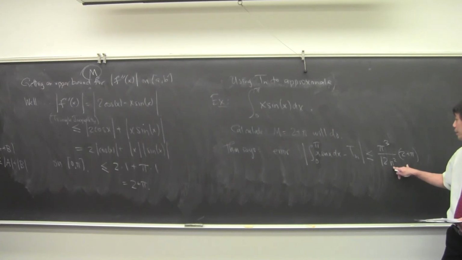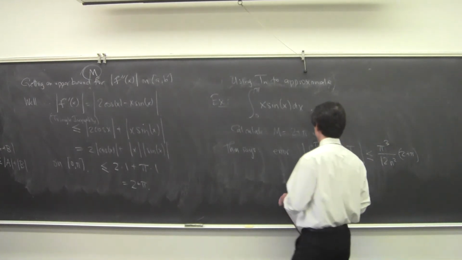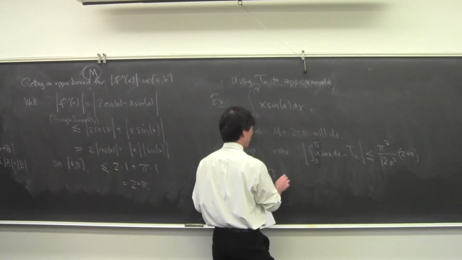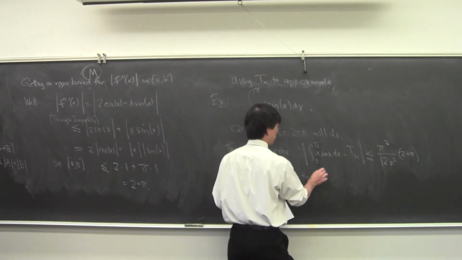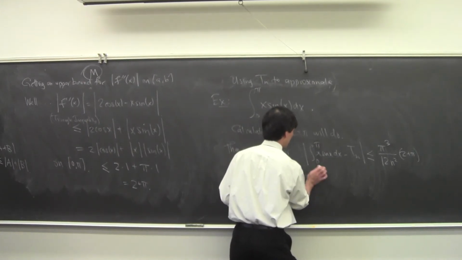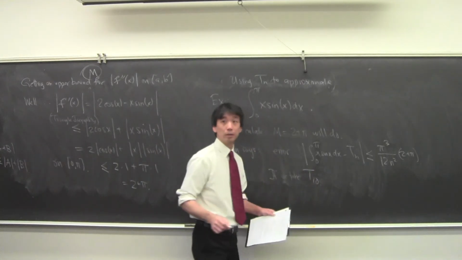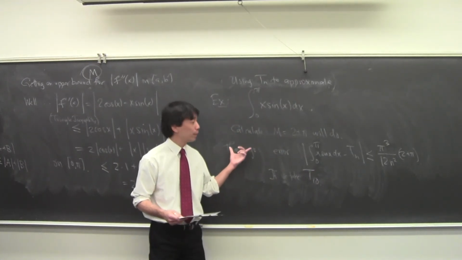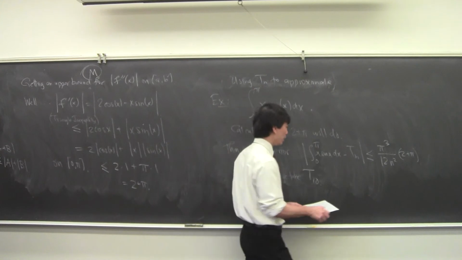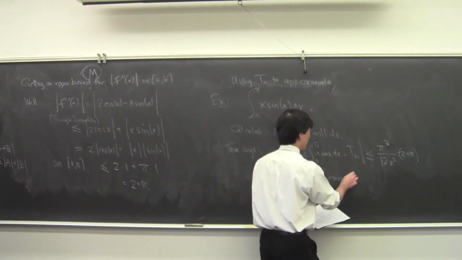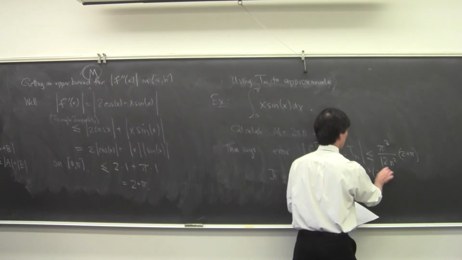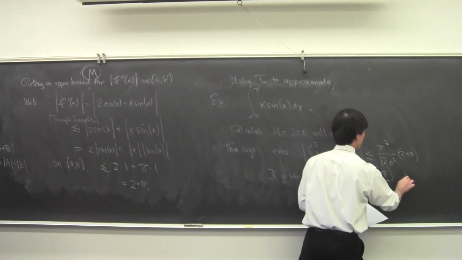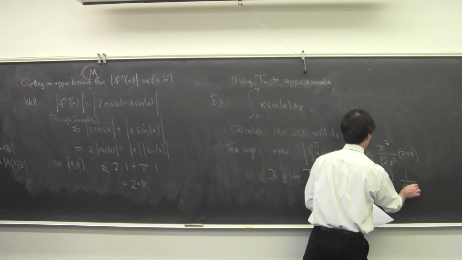If we take t sub 10, the 10th trapezoidal approximation, we know that the error is smaller than pi cubed times (2 plus pi) over 12 times 1 over 100.